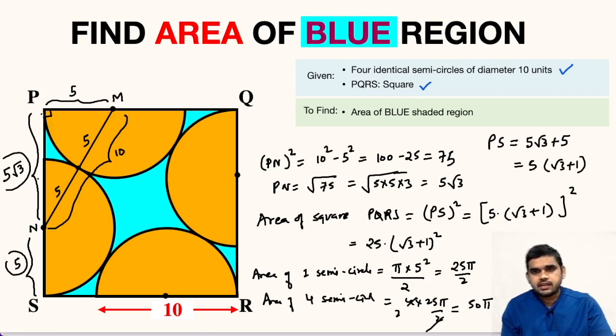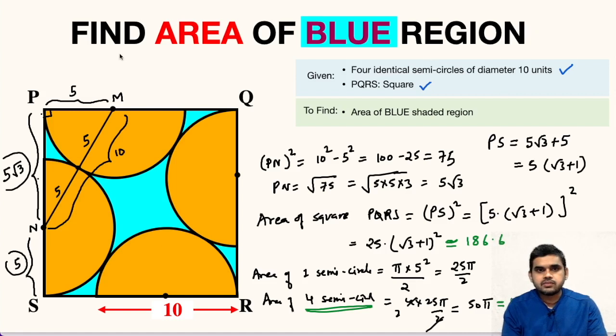Now using a calculator, we can find this 25 multiplied with root 3 plus 1 whole square. So this will be approximately 186.6. And this 50 pi will be approximately 157.1. This is the area of 4 semicircles.